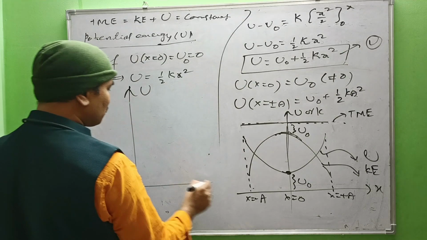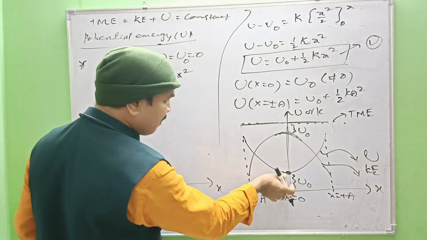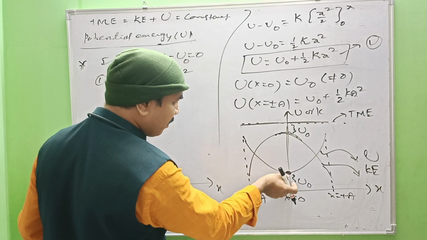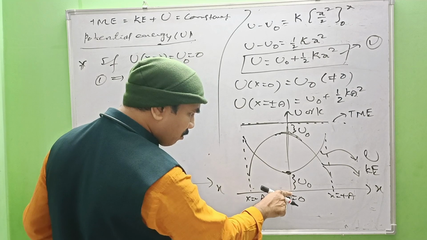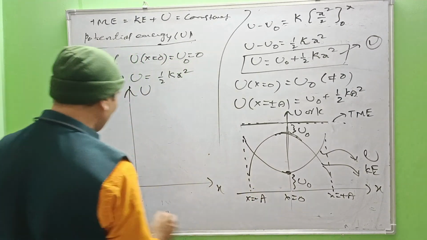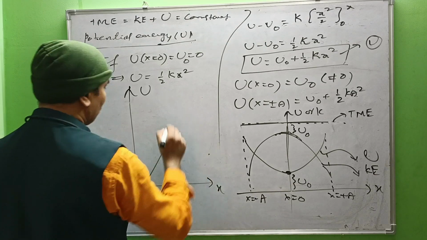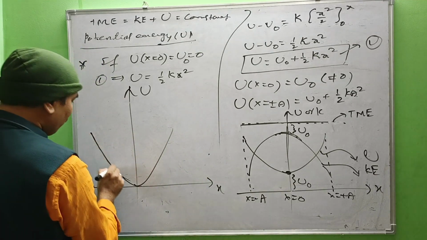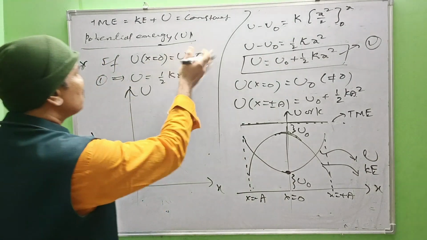Potential energy versus position: at the mean position it doesn't have any potential energy, so this curve goes through the origin like this. This is the variation of potential energy when u at x equal to 0 is 0.